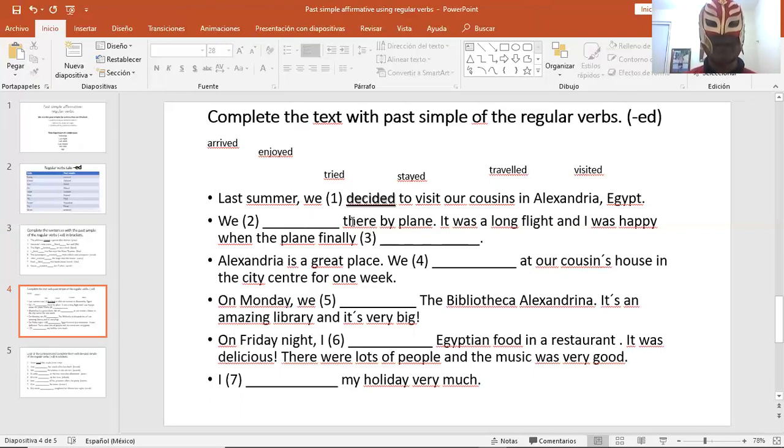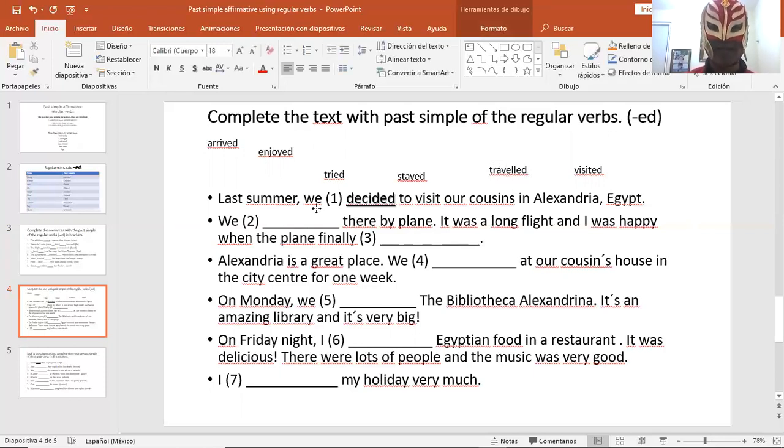What verb is possible for number two? Travel. So right here, we traveled there by plane. It was a long flight and I was happy when the plane finally. Fue un largo viaje. Yo estaba feliz cuando el avión finalmente.